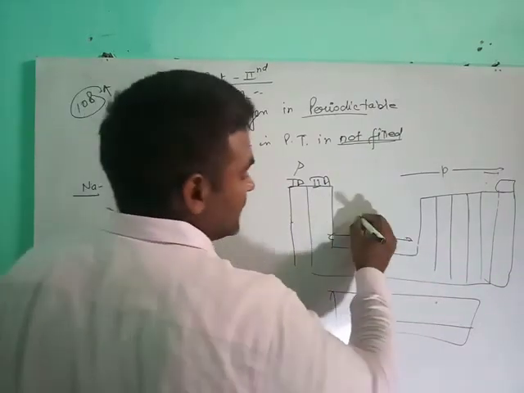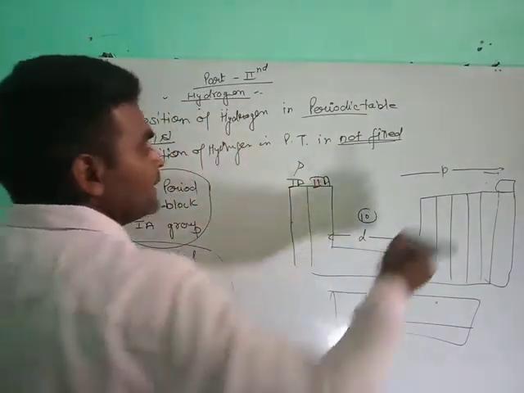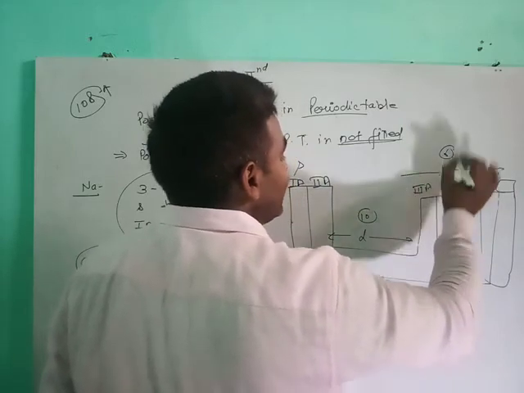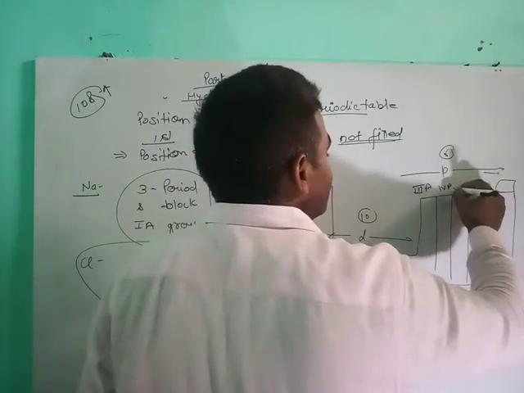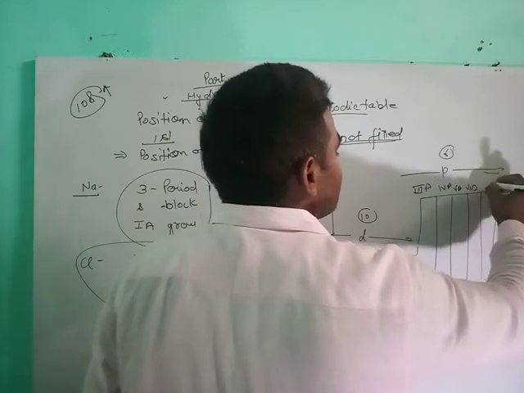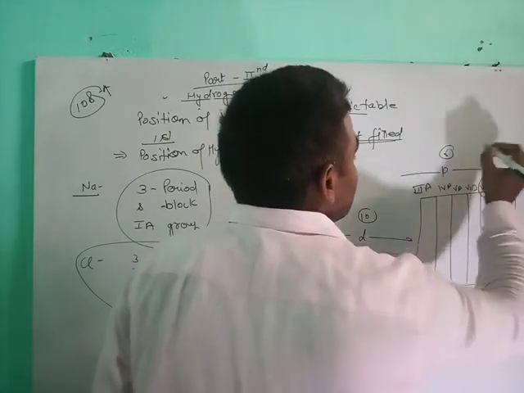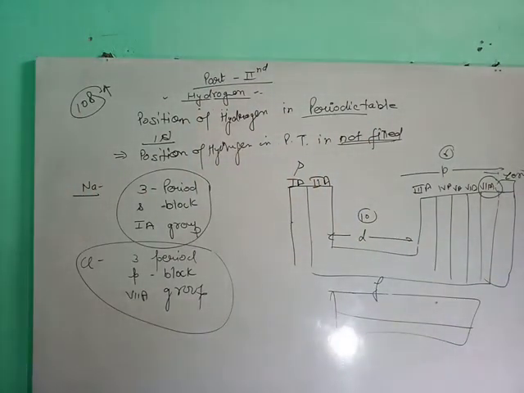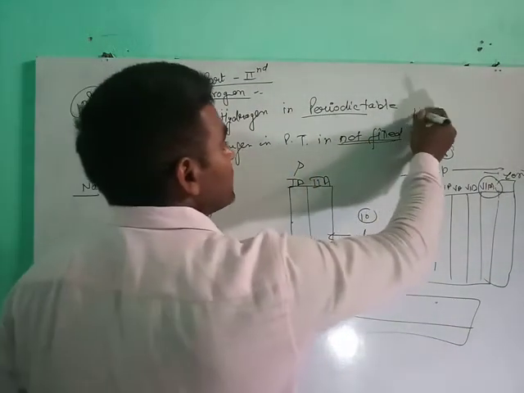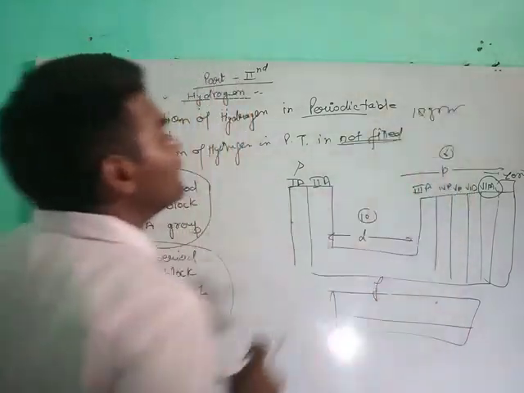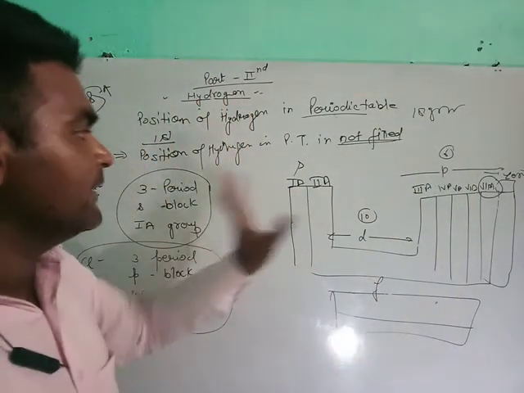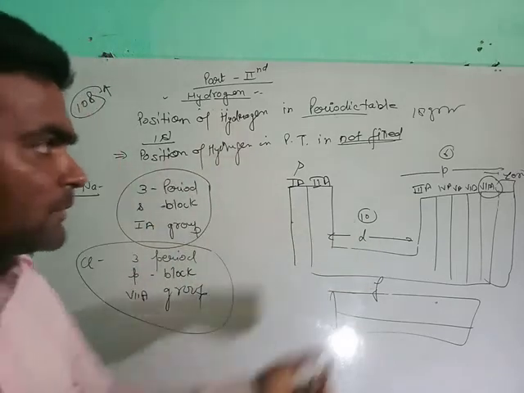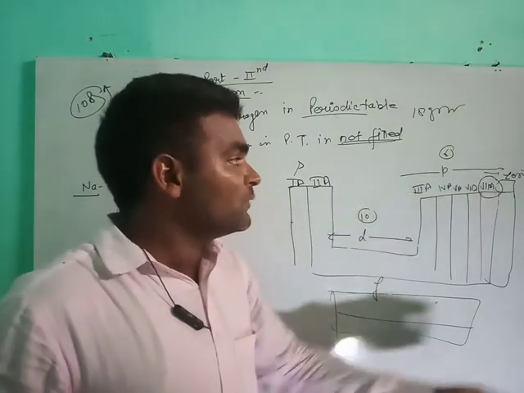The d block has 10 groups. Here the 6 groups are third A, fourth A, fifth A, sixth A, this is the seventh A, and this is the 0 group. Total 18 groups in the periodic table: 2 groups, first A and second A, in the s block, the d block has 10 groups, and the p block has 6 groups.